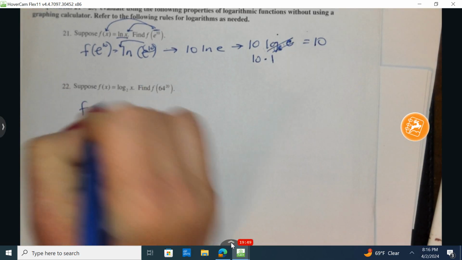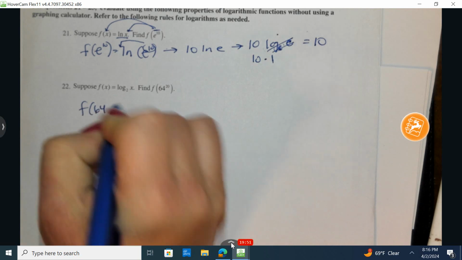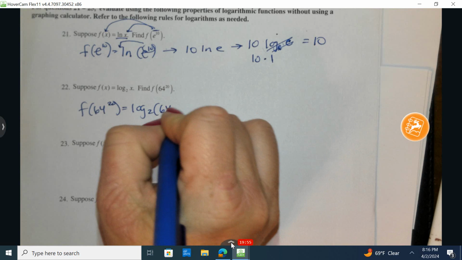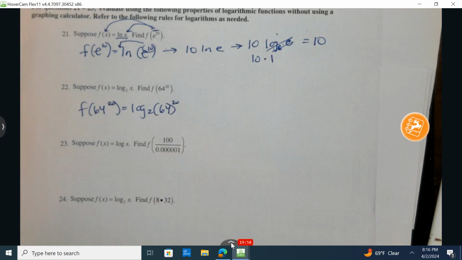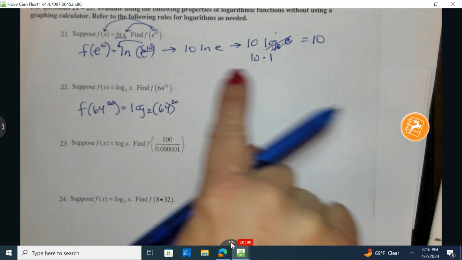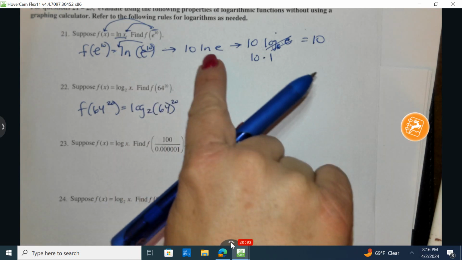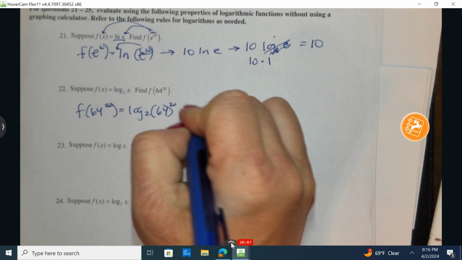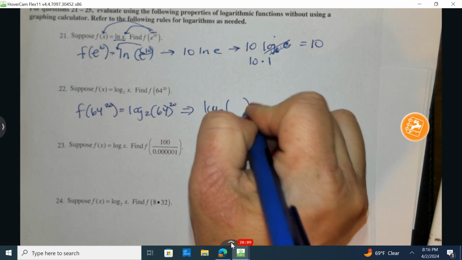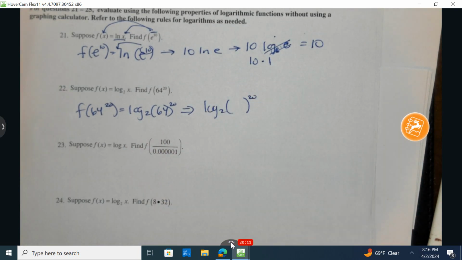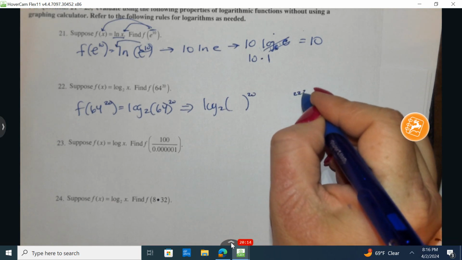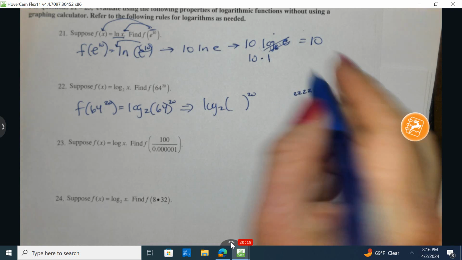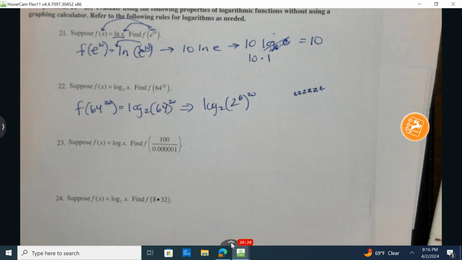Okay, f, now I'm going to plug in 64 to the 20th, and that's log base 2 of 64 to the 20th. Now I'm going to rewrite 64 so it looks just like this, where the base is the same as the number behind it. So log base 2, now how can I rewrite 64? 2 times 2 is 4, 8, 16, 32, 64. 1, 2, 3, 4, 5, 6. 2 to the 6th is the same as 64.